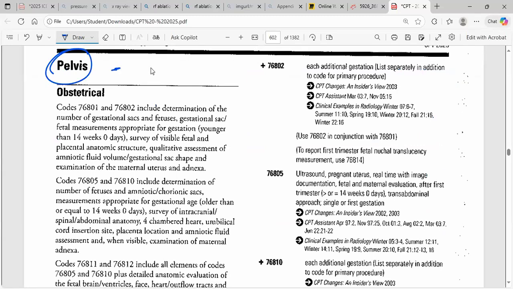In the pelvis, we have two types of codes, OB and non-OB. OB means those codes for the pregnant ladies, and non-OB means for female and male both when the pelvis has been examined.